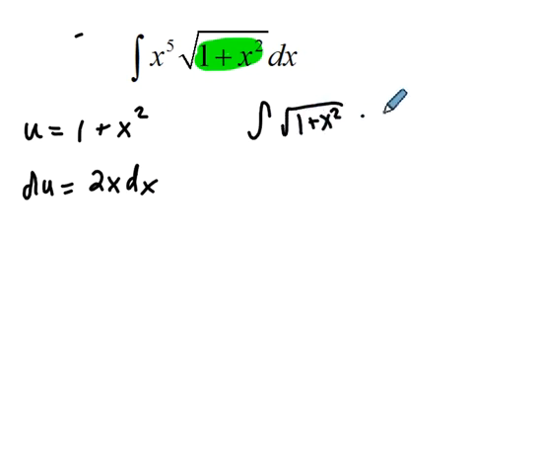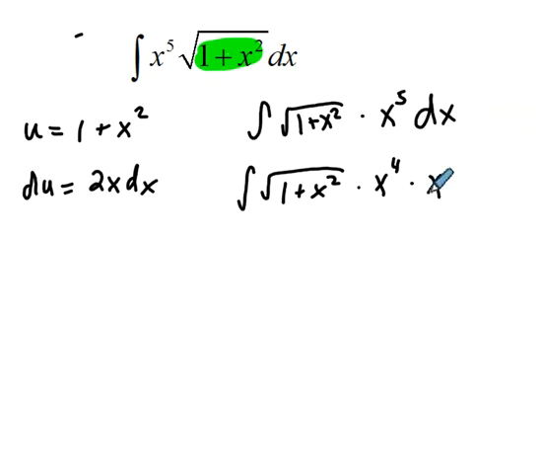I'm just going to rearrange the x to the 5th to the back for a moment. So x to the 5th I can rewrite as x to the 4th times x to the 1st. So this piece is similar to what I have for du, but I really have one half du is equal to x dx.